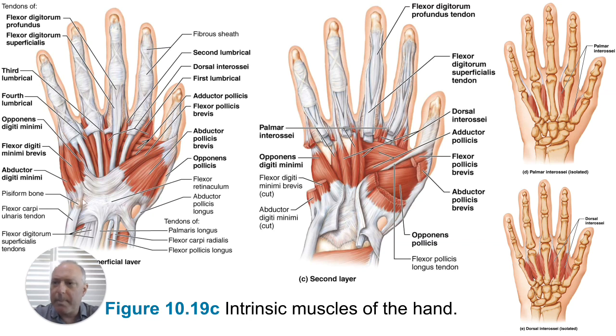Okay. So we look at the superficial layer of the palm. We've got opponens pollicis, abductor pollicis brevis, flexor pollicis brevis, adductor pollicis, as well as lumbricals and interossei.